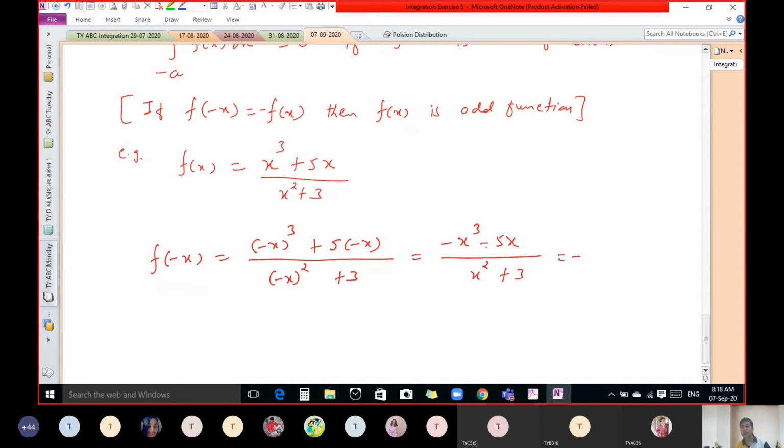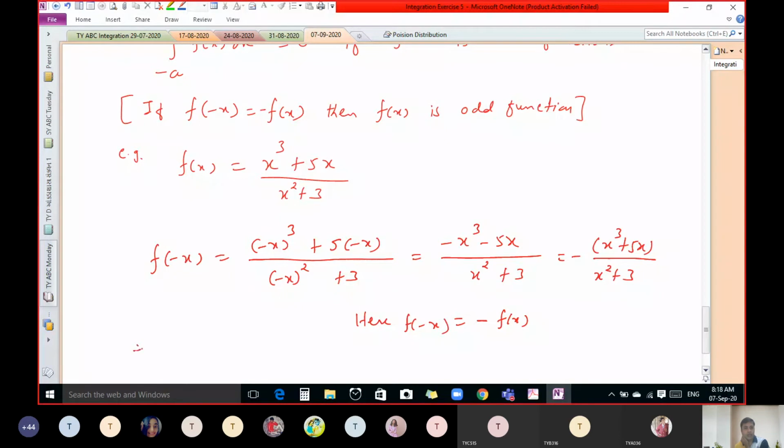You can take minus common from numerator. So we get x cube plus 5x, and denominator remains as it is, x square plus 3. So you can see this part, x cube plus 5x upon x square plus 3, is our function f of x, and the sign is negative. So here f of minus x is minus of f of x.